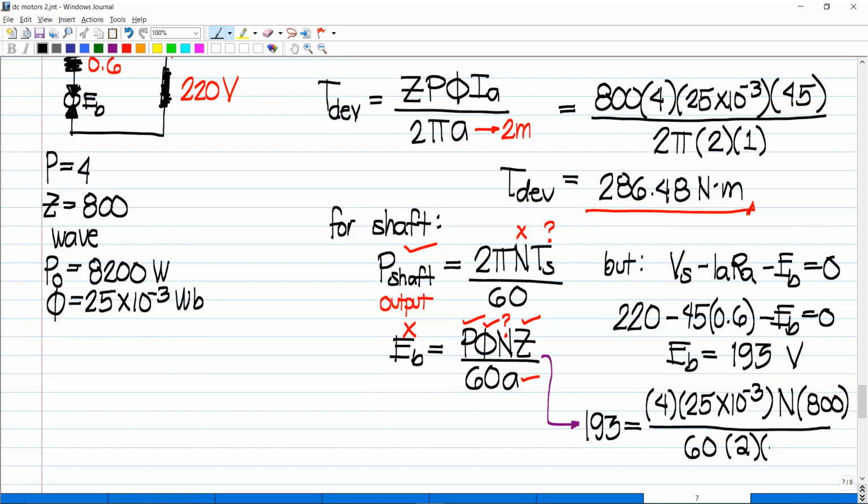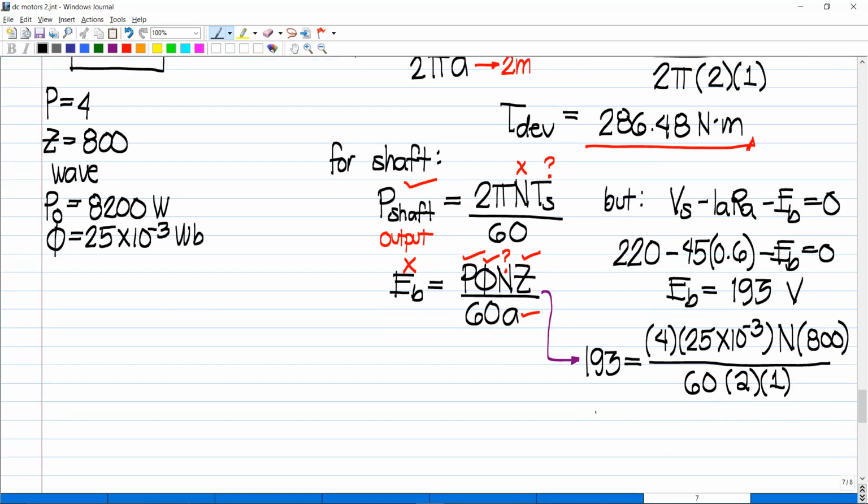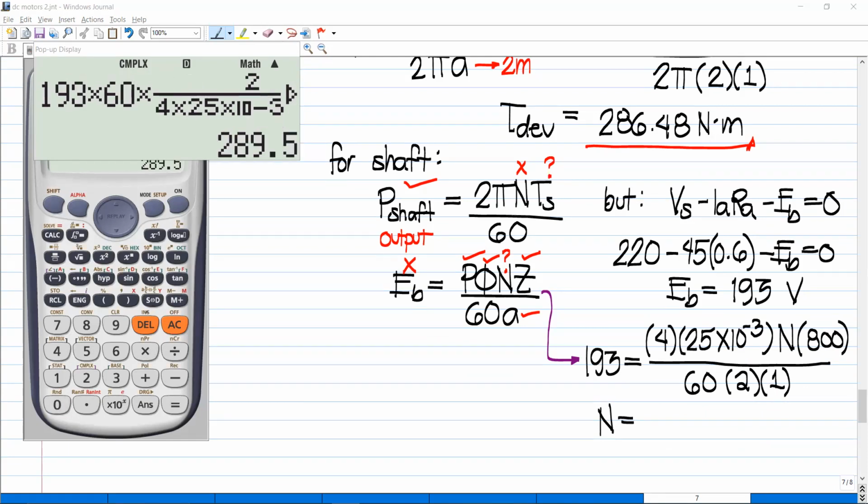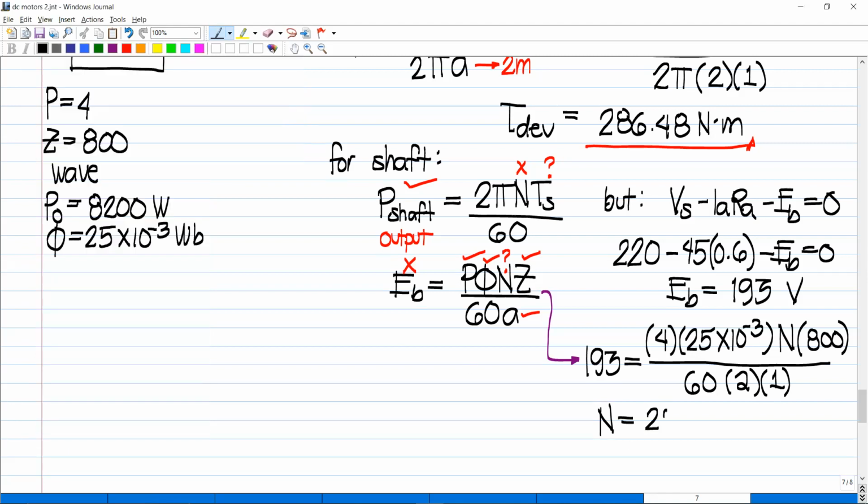Nasa wave connection tayo. Kaya 2 times 1. We can solve for the value of n muna. 193 times 60 times 2, cross-multiply natin, and then i-divide natin lahat ng katabi ni letter n. 4, 25 milli, and the 800. So, ang n natin ngayon is 289.5 RPM.